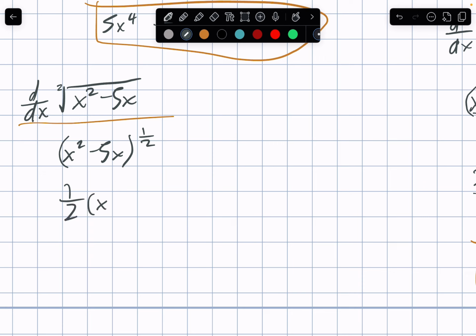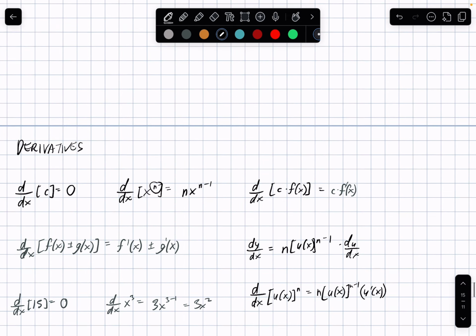So, by the way, negative 1/2 minus 1 is going to be, well, in other words, like this. So more clearly, you could say that it's a negative 1/2 in your exponent area. And also don't forget to find the derivative of what's inside the radical sign. So that's going to be 2x minus 5. So that's what was meant here.